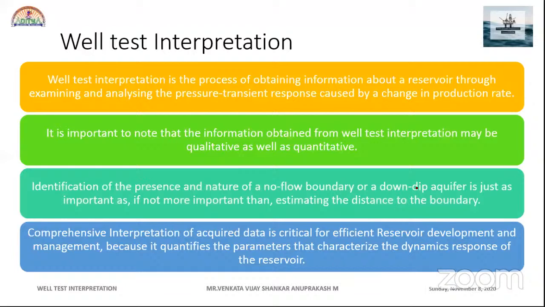So what is this well test interpretation? Well test interpretation is the process of obtaining information about a reservoir through examining and analyzing the pressure transient response. If you remember, I told you what a transient response is.